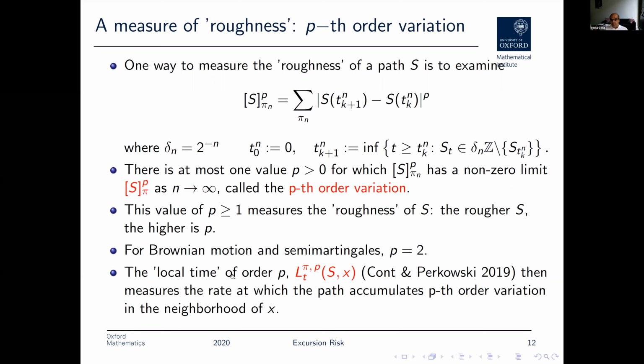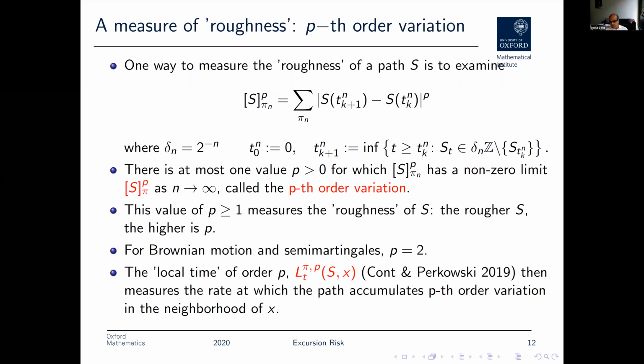So you may know probably that for Brownian motion and semi-martingales, p equal to 2 works. This will give you the quadratic variation of the process, and so this is a well-known property of semi-martingales. So this means that in the terms that we define, the roughness index for Brownian motion and for semi-martingales is 2.